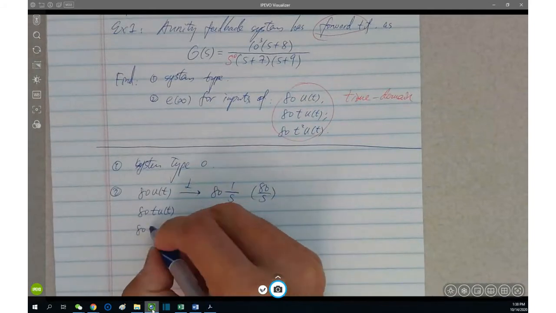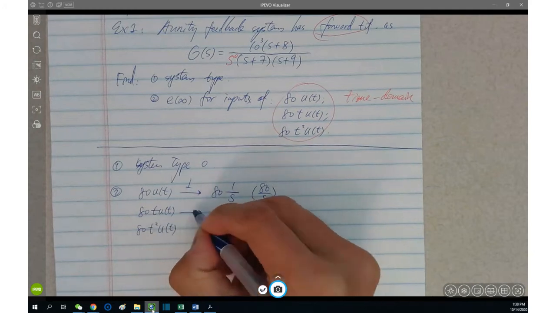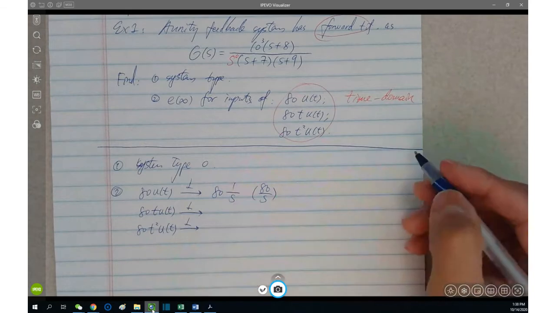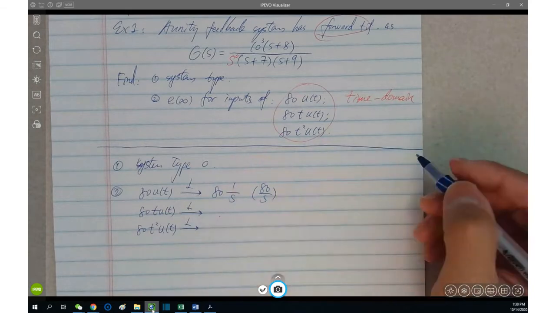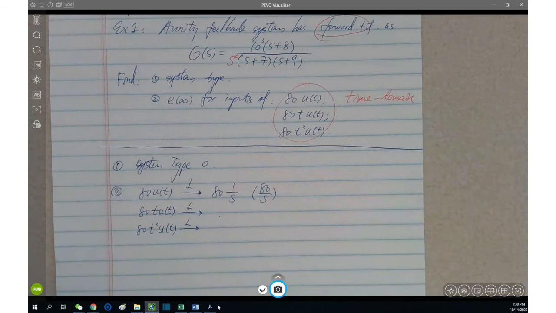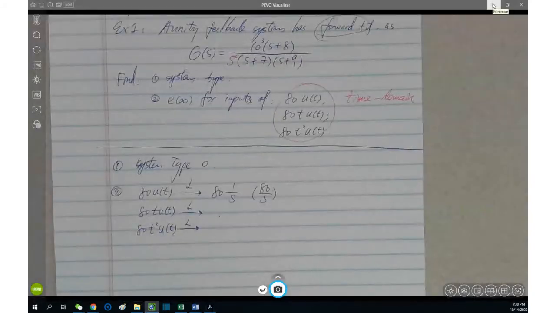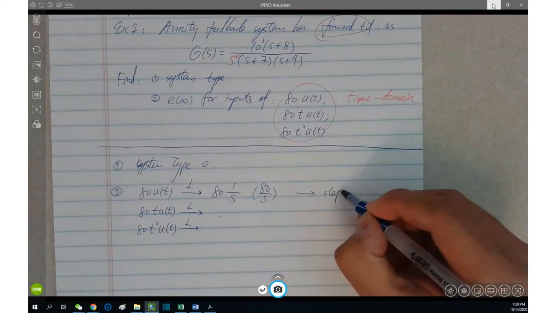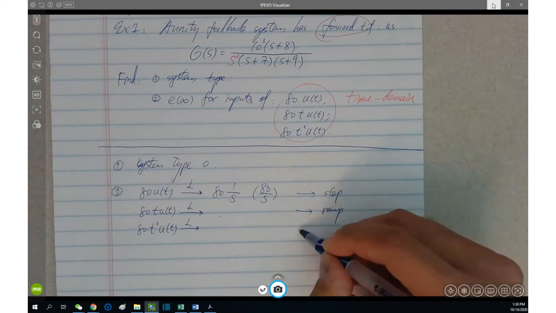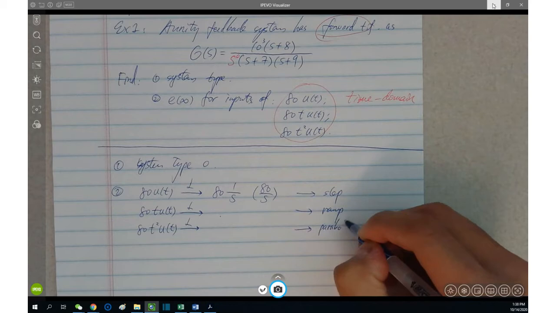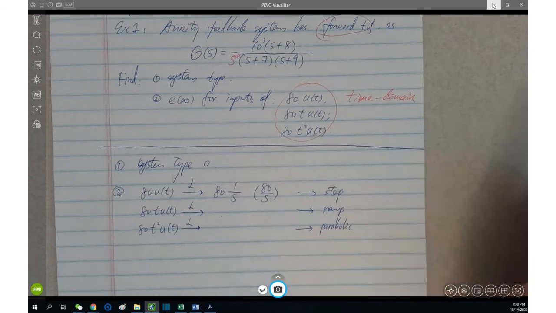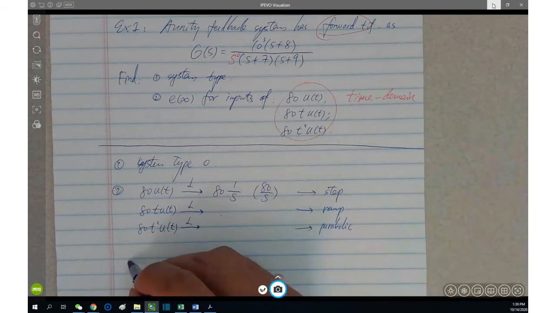Then we have 80 t squared U of t, and you find the S domain expression based on this table. After doing that, you can tell this is a step, this is a ramp, and this is parabolic. Three different inputs, and then we start to draw a conclusion.